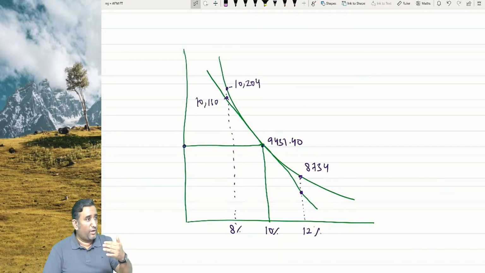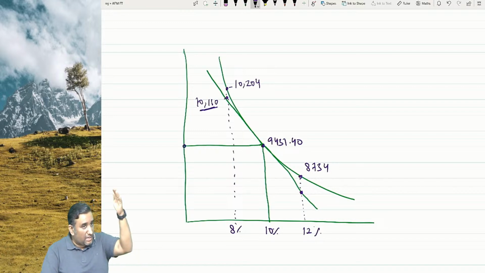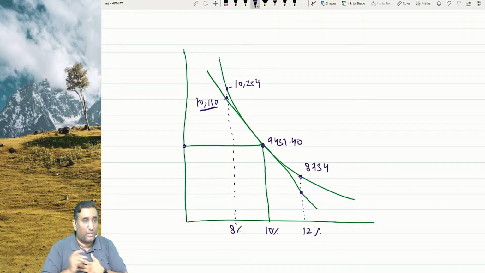So for 1 point you increased by 2%, now you decrease, that is 7.73. How did you calculate 10,160? It was 9431.4, I think, plus 7.73. So the straight line would be 9431.4 minus 7.73. How much will you get?